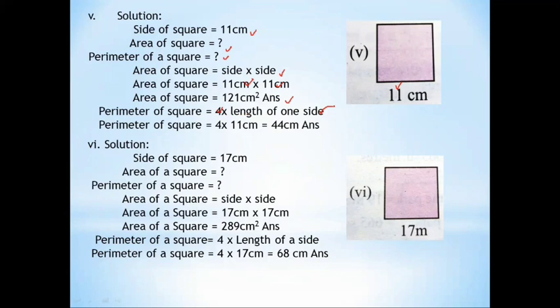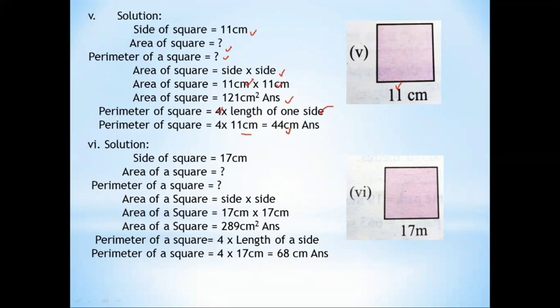The perimeter of the square is equal to 4 times the side. 4 represents the number of sides in a given figure. The given figure is a square. Square has 4 sides. So we will multiply 4 and the measurement of one side, that is 11. 4 times 11 will come 44. This is the answer.